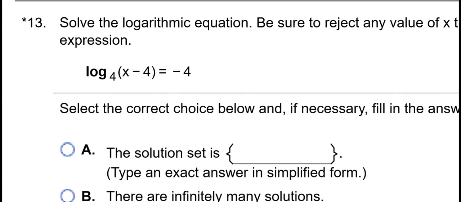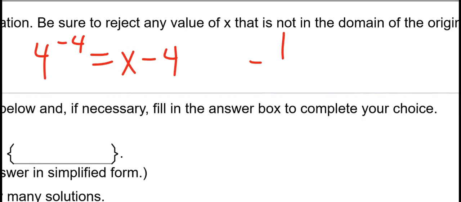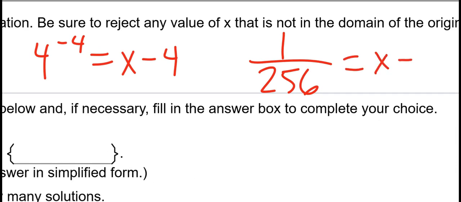All right, so 4 to the negative 4th equals x minus 4. What do you get? 4 to the negative 4th, that's like 1 over 256. How do you solve this? By adding 4.